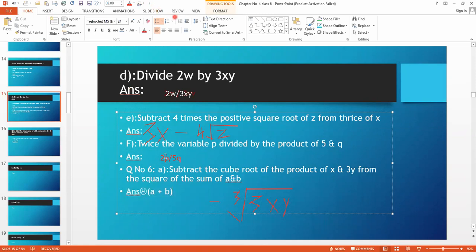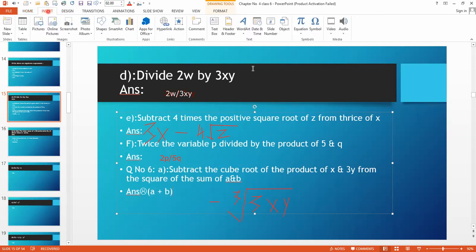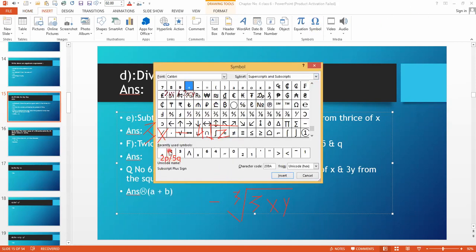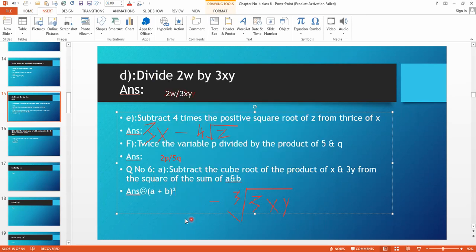So (a plus b), and here I put 2 for the square sign. I take this 2 from here.